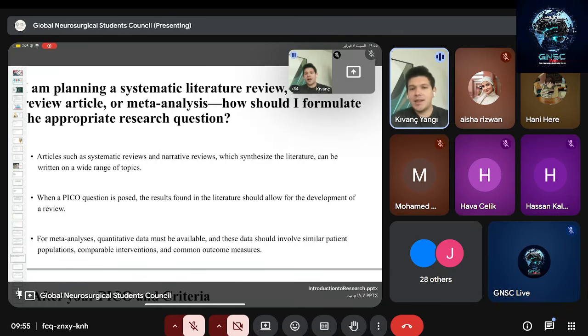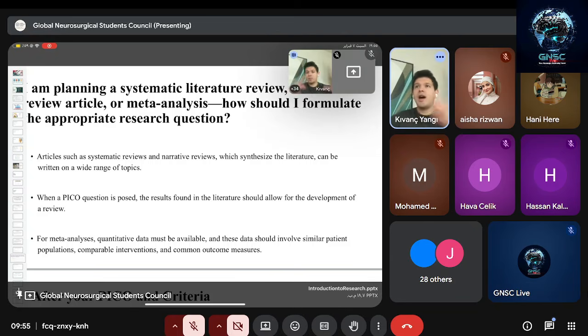Okay, you're planning a systematic literature review, or meta-analysis. How should you formulate the appropriate research question? Articles such as systematic reviews and narrative reviews with synthesized literature can be written on a wide range of topics.